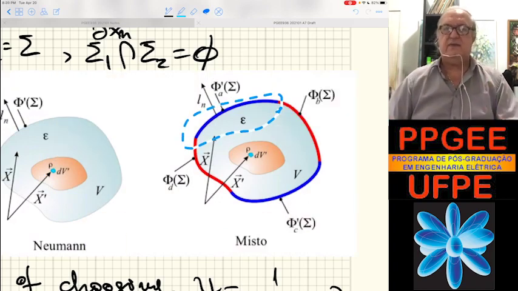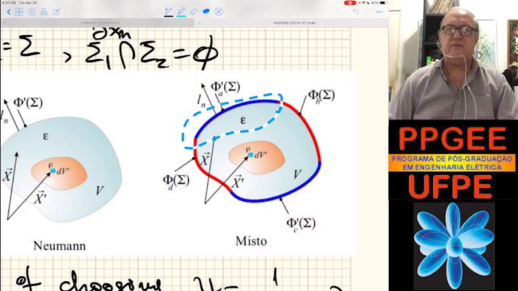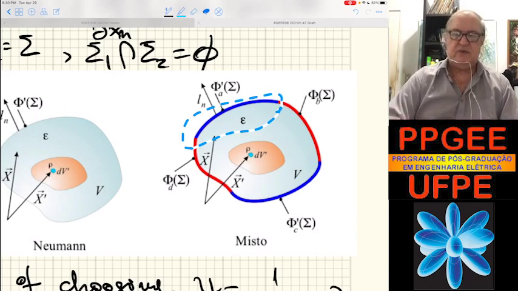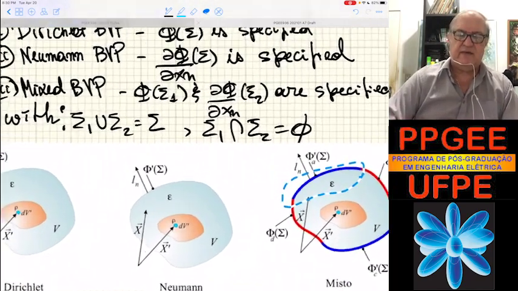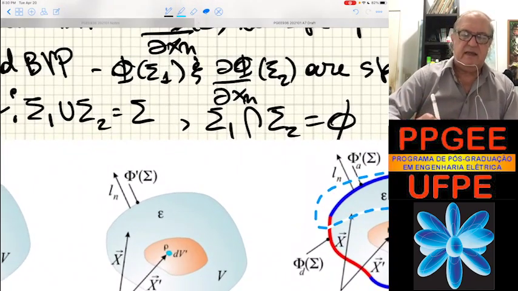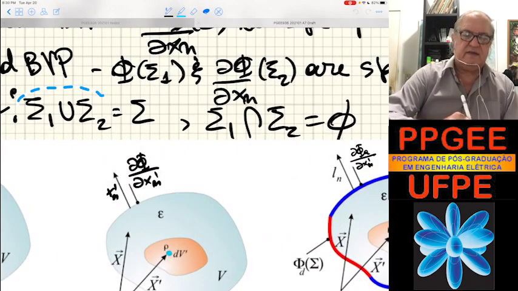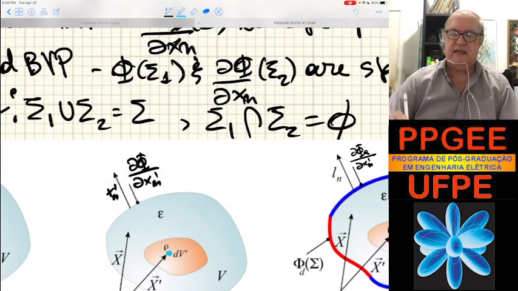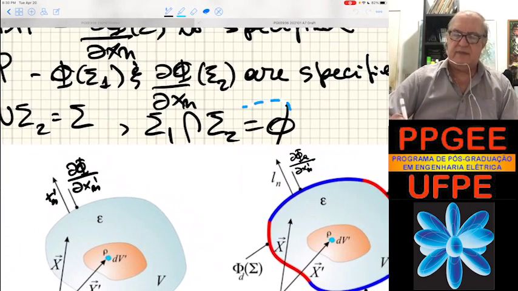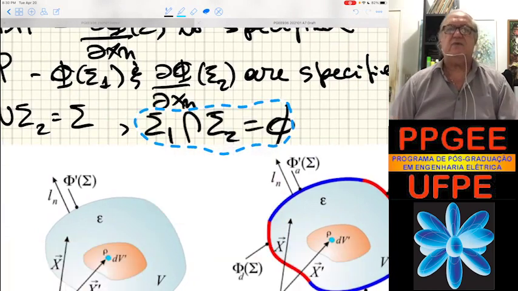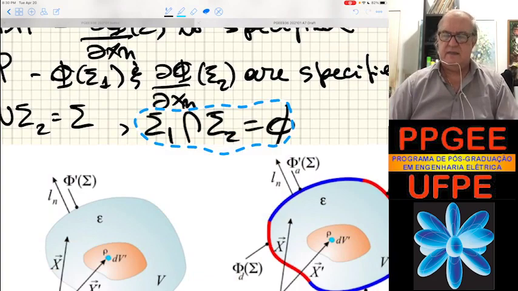So you can do that. We're going to have also a third class of problems with the same solution. This condition of complementary surfaces means that the union of the surfaces gives the total surface, and they do not intersect. I mean, the intersection is equal to the empty set.